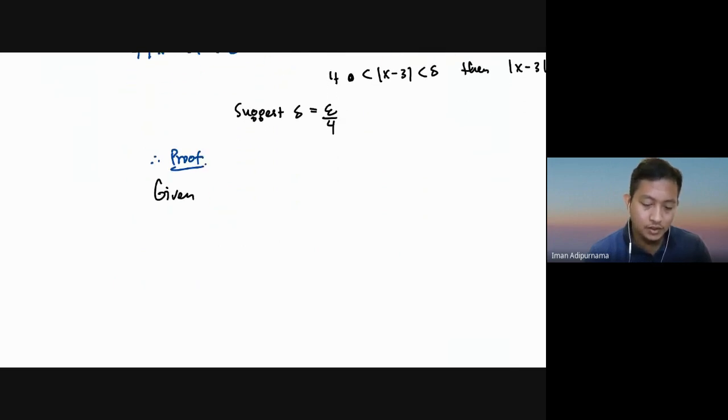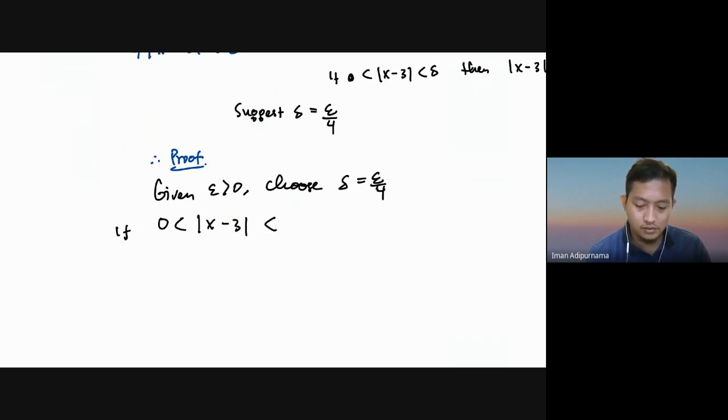So given epsilon greater than 0, choose delta epsilon over 4. Okay, so if... and then we prove that, and we are going to plug into our solution here.